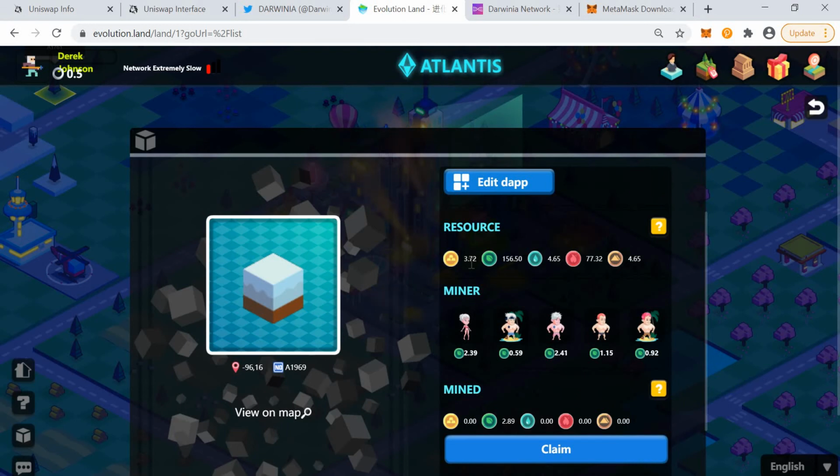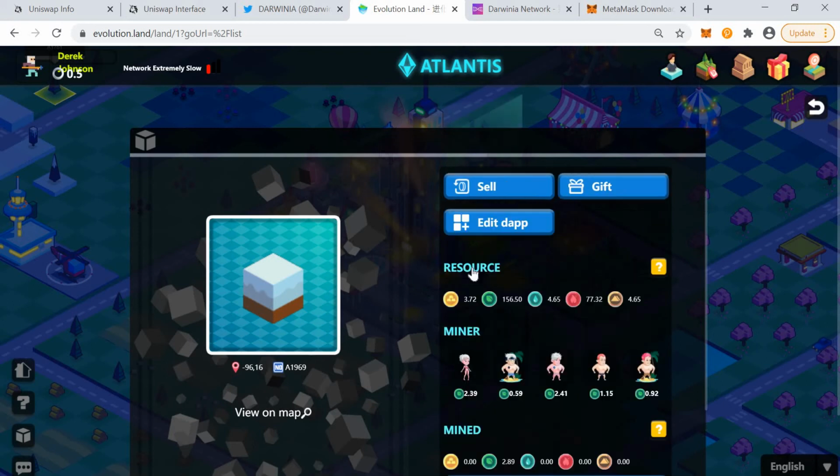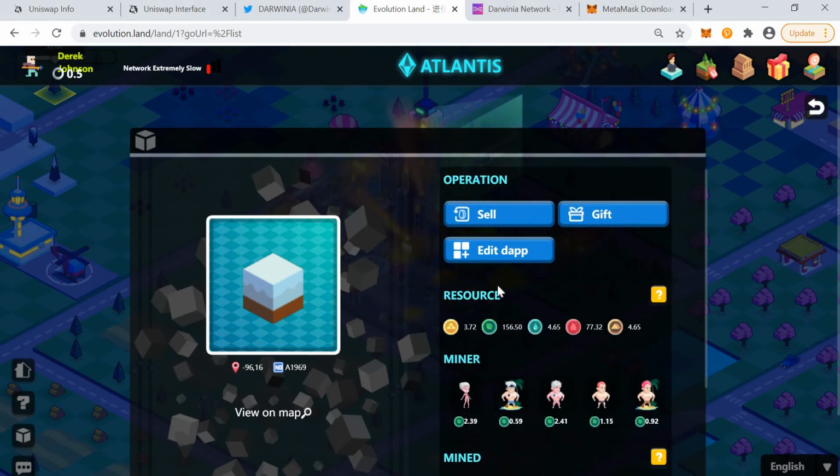I forgot what the ratio is. It's like 1/1,000,000th. It's a really low ratio, but that means over time it's going to be harder to mine resources on a certain land. I believe there's ways to prop up the resources back to their original level, but I'm not sure. I did read that, I believe, in the white paper, but don't quote me completely on that. I haven't read the white paper in a while.